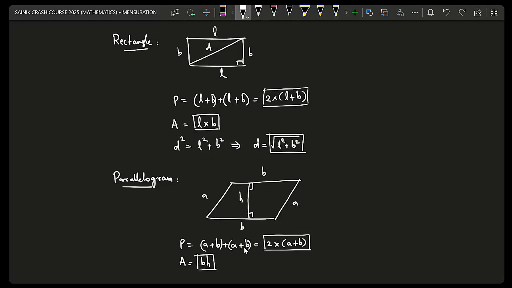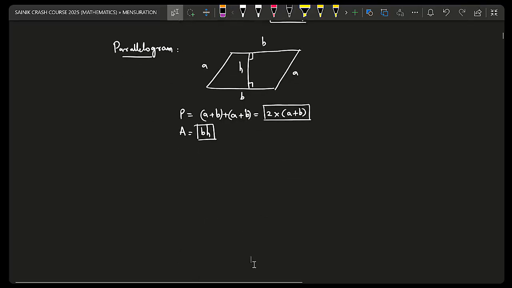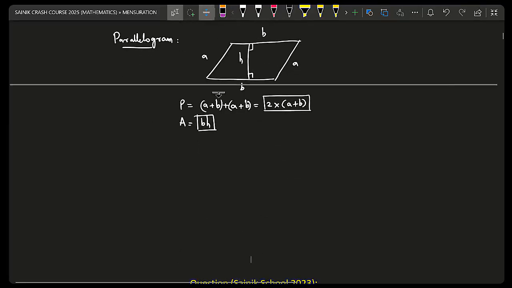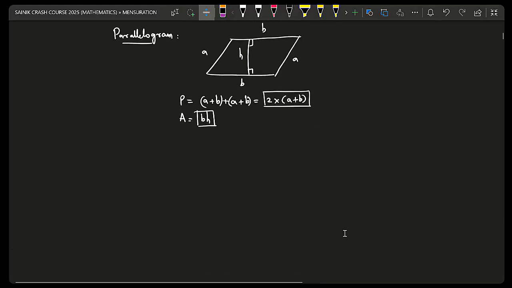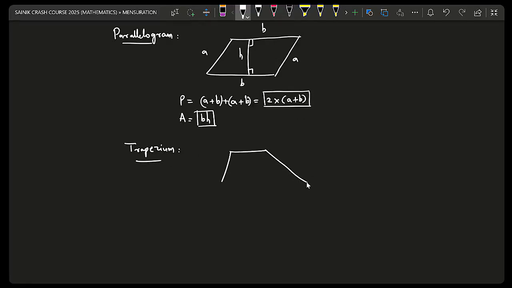Next, let us discuss the trapezium. So let's take a trapezium. Let's say this is A, B, C, and D. So perimeter is very simple, that is the sum of all the sides, A plus B plus C plus D. And area.